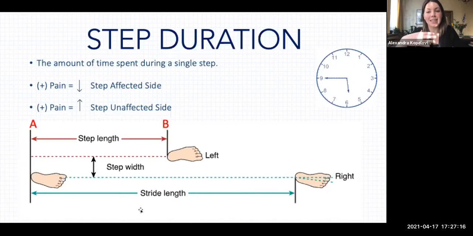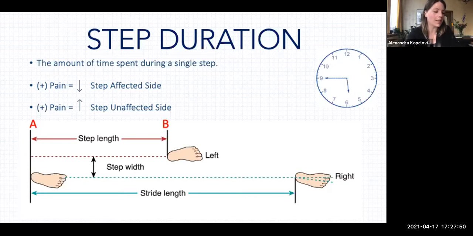That means that the step duration will be lowered, but the patient will tend to spend a little bit more time on the unaffected side. And why that happens is that the patient wants to keep the same stride length and the same stride duration. Because they want to progress through their ambulation faster, they will compensate with the unaffected side. And we will see that's exactly the patient case scenario that we will see in our next slide.